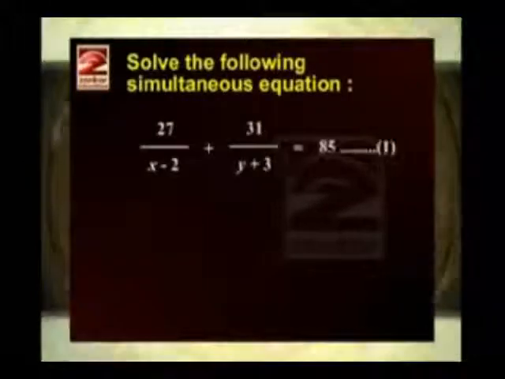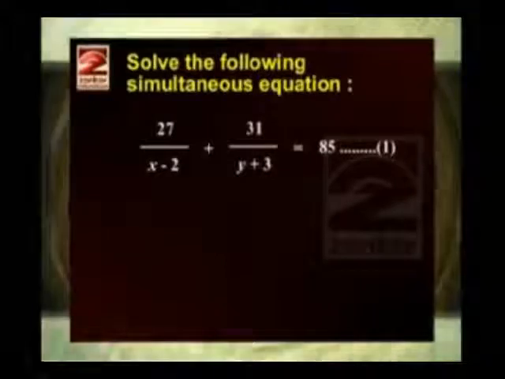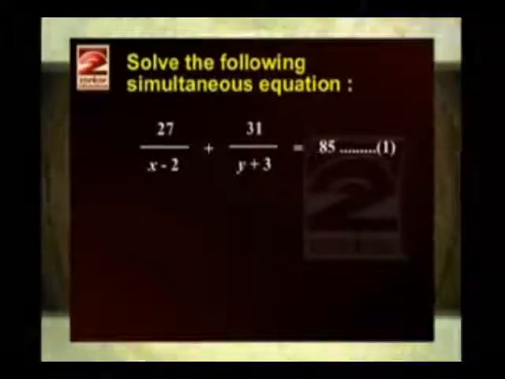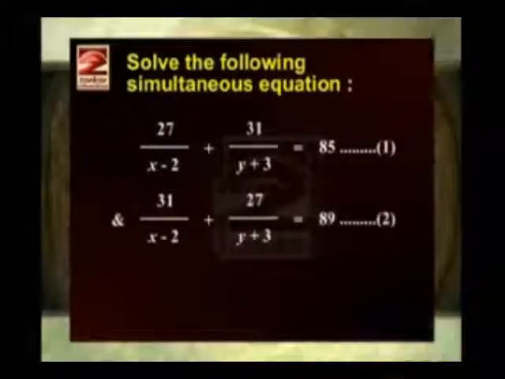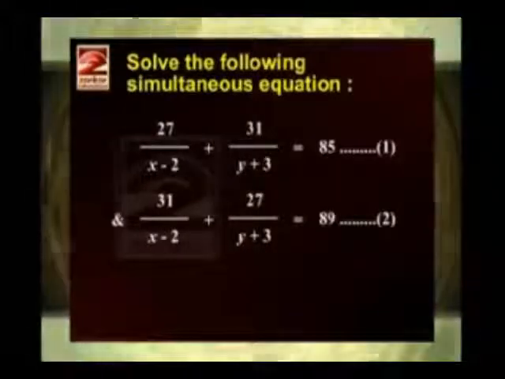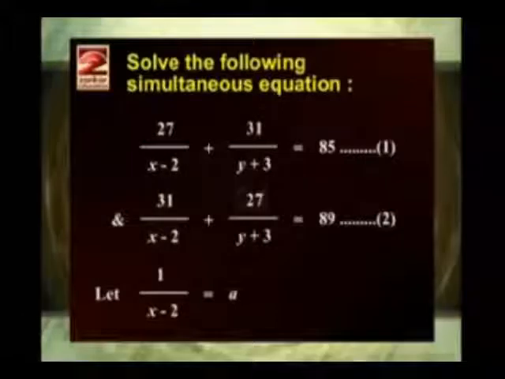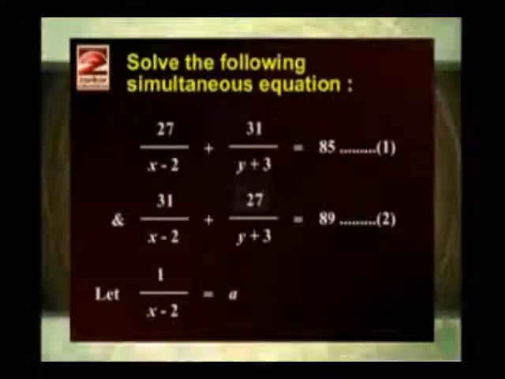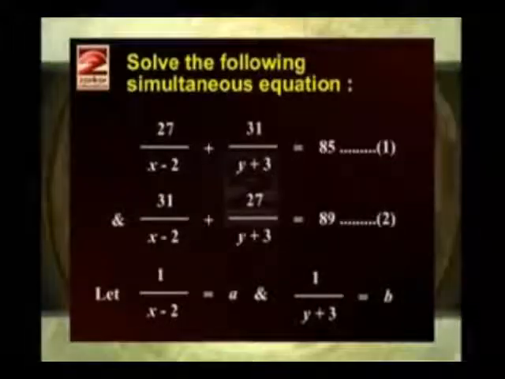Now next question. Solve the following simultaneous equations. 27 upon x minus 2 plus 31 upon y plus 3 is equal to 85, and 31 upon x minus 2 plus 27 upon y plus 3 is equal to 89. Let 1 upon x minus 2 is equal to a and 1 upon y plus 3 is equal to b.